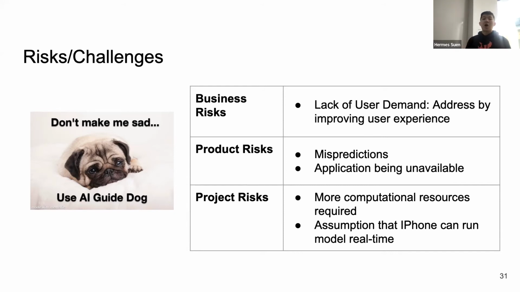Furthermore, when our app is down due to technical issues, we might cause huge inconvenience to users. Lastly, for our project risk, we might require more computational resources than expected, and we also make a huge assumption that the iPhone can run the model inference in real time with a sufficient frame rate to enable real-time usage.